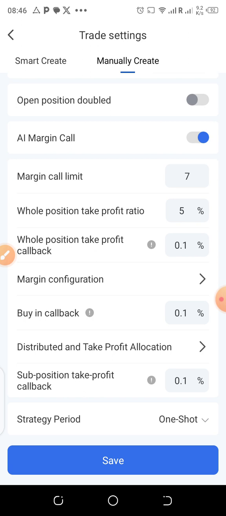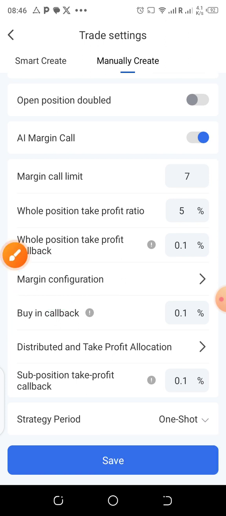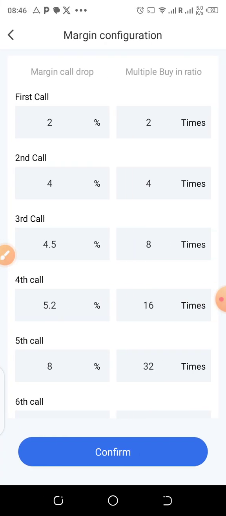So let's go for margin configuration. We see what is happening in the margin configuration. So let's tap there.